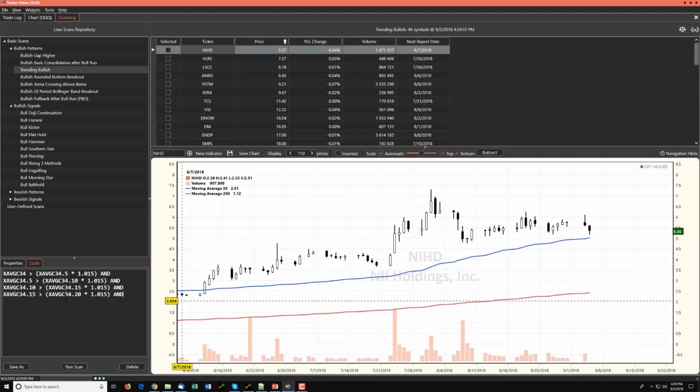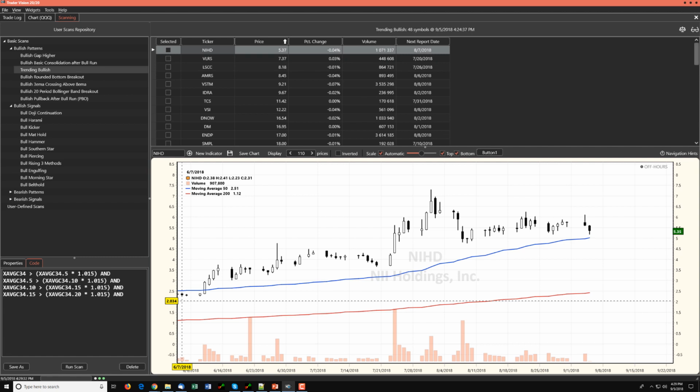This first section of the scan is basically saying that the stock is trending bullish. So we're using the 34 period exponential moving average as our measuring stick, and we're saying that over the last 20 days, which is essentially a month, every 5 days it had to go up 1.5%.